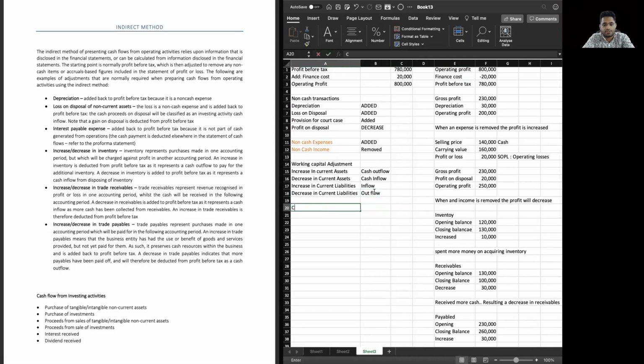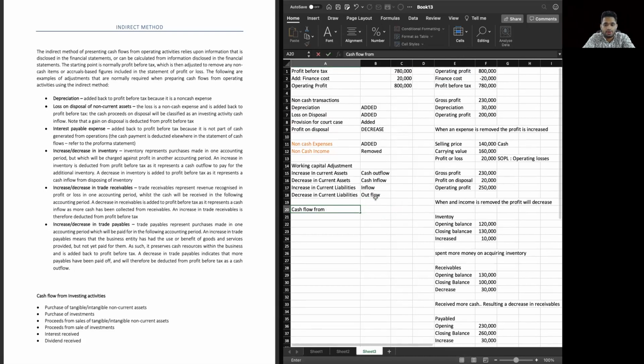After these adjustments, you will end up with the cash flow from operating activities. Then you have your income tax paid as normal, then interest paid, and you will have your net cash flow from operations.